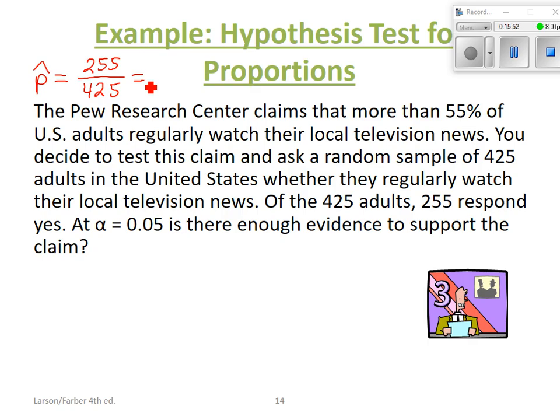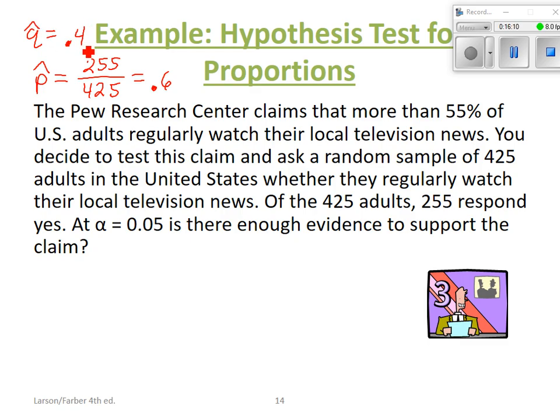So 255 divided by 425 is 0.6. So our p hat is 0.6. That means our q hat is 1 minus that, or 0.4.